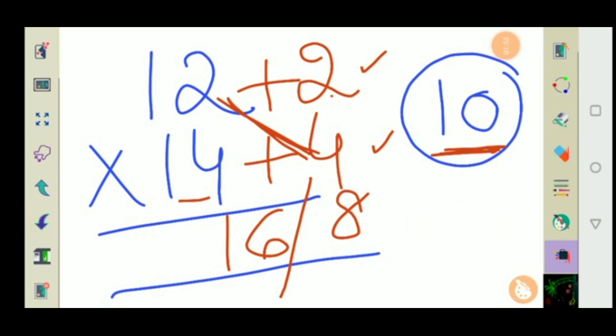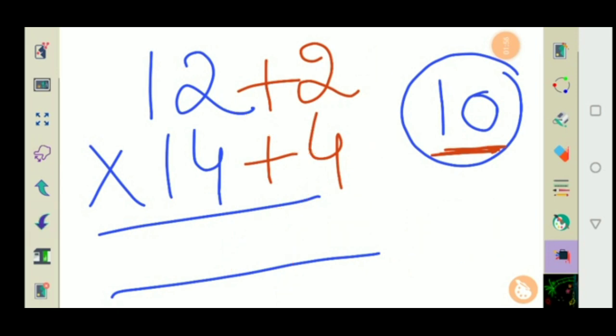Again I am showing you slowly. We are to multiply 12 with 14. 12 is 2 above its base. 14 is 4 above the base. Multiply these two numbers and add diagonal numbers 12 and 4 or 14 and 2.